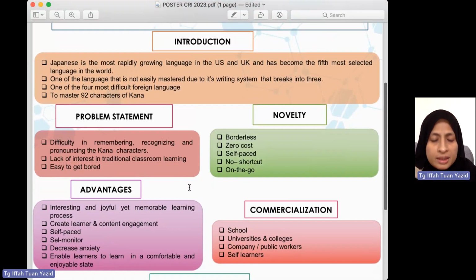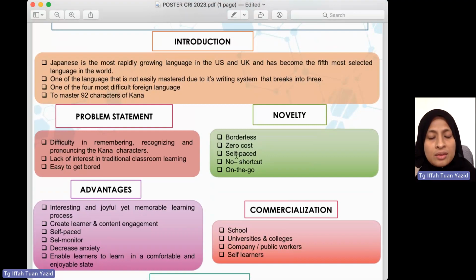As for novelty, these proposed apps are borderless, where learners do not need Wi-Fi. Without Wi-Fi, learners can still access the lessons in the apps. And of course, it's zero cost, so no need to pay anything. Learners just need to install it and follow the course.